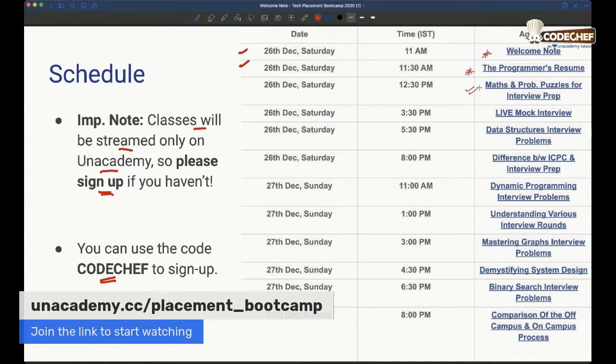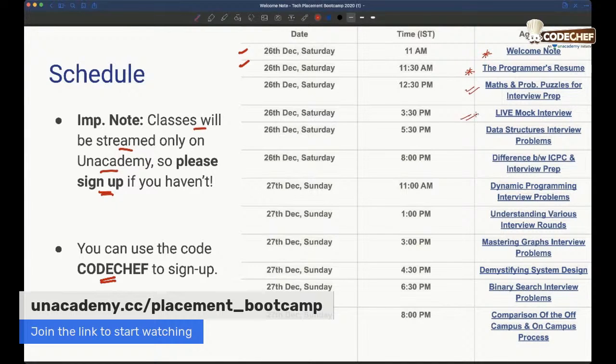And for some companies like quant firms and high frequency trading firms, the math and probability puzzles are very, very important, because a lot of the core work is related to mathematical modeling and having a good mathematical ability. So we have this session scheduled for 12:30, and we will be covering some interesting problems in this session as well.